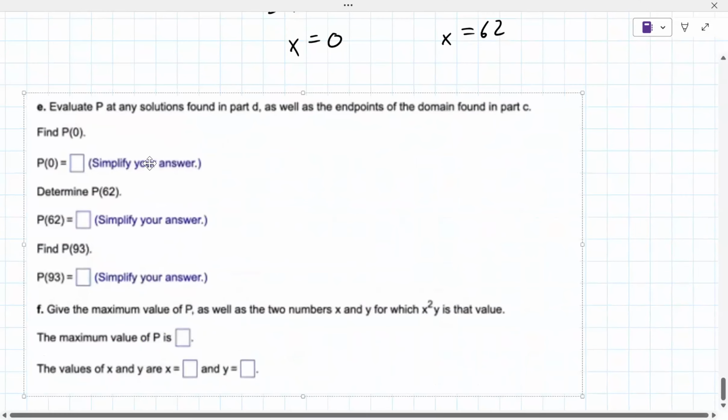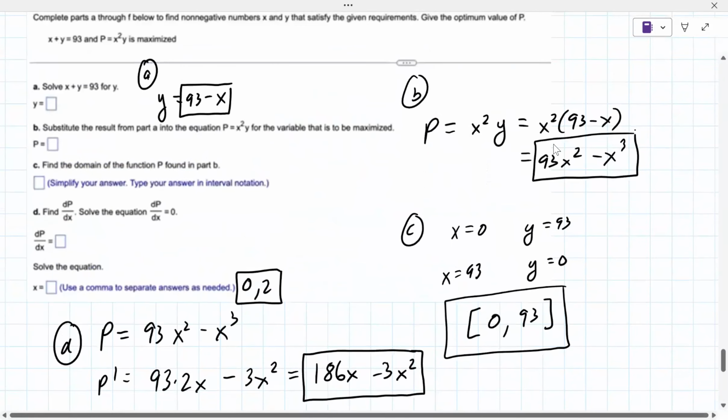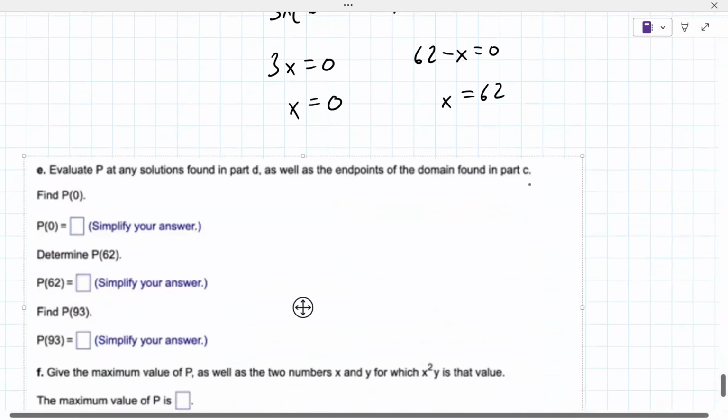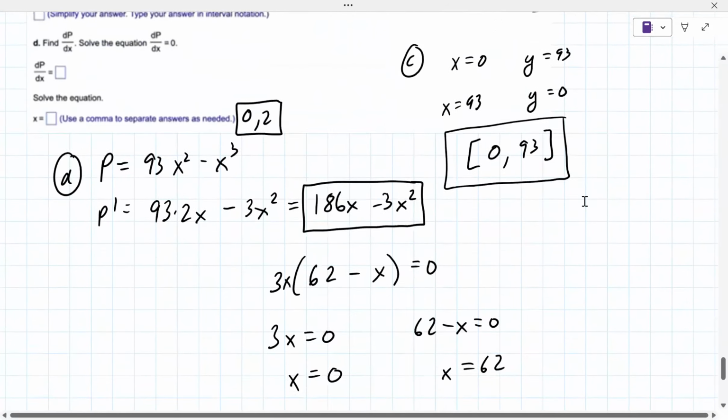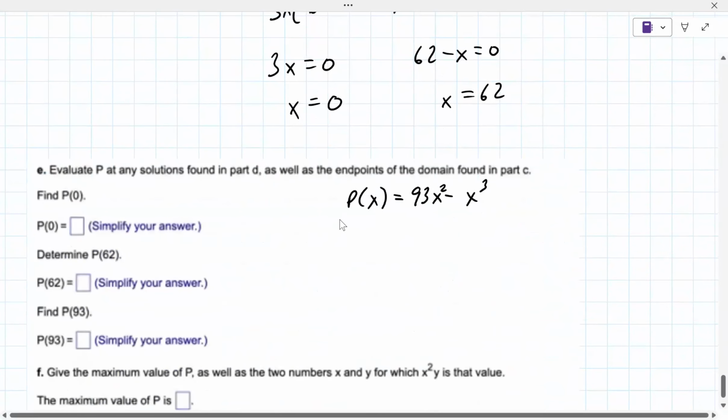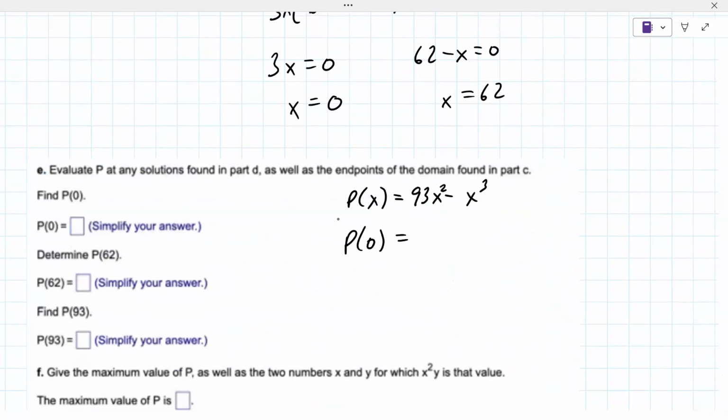Part E, so you're evaluating the original function, which is way back up here. It's this 93x squared minus x cubed. Okay, so you're evaluating it at 0. So P of 0 ends up being 0.